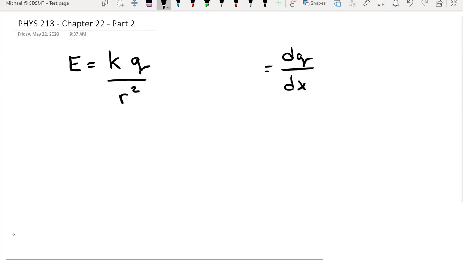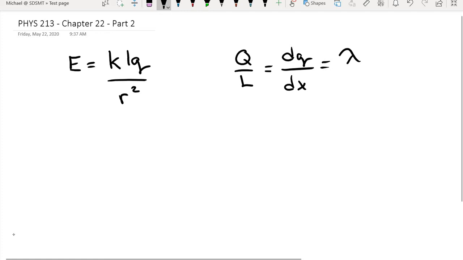And we said that as long as the charge is uniformly distributed about the surface, then that ratio has to be the same as the total. And we called this ratio lambda. This was the linear charge density of that line.